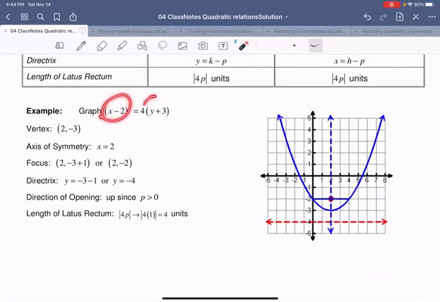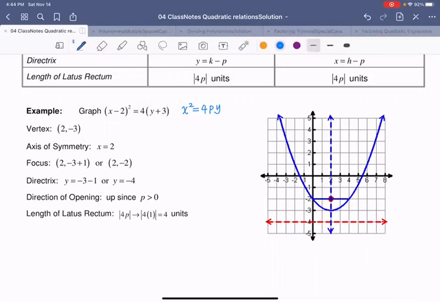So let's see here. x minus 2 squared equals 4 times y plus 3. Today we already derived the parabola opening up. If I put this as the center, then x squared equals 4py.